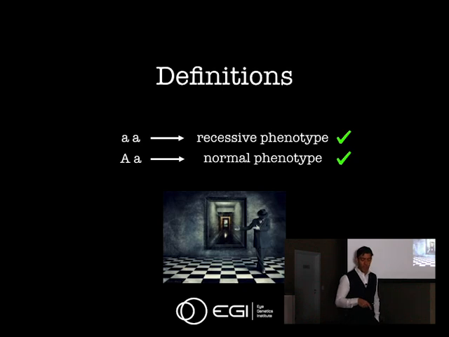The uppercase A with a lowercase a would mean, many times, a normal phenotype, and this is the reason that I want to show you the word normal. I think we all have to be very cautious with the words that we choose when we speak to our patients.